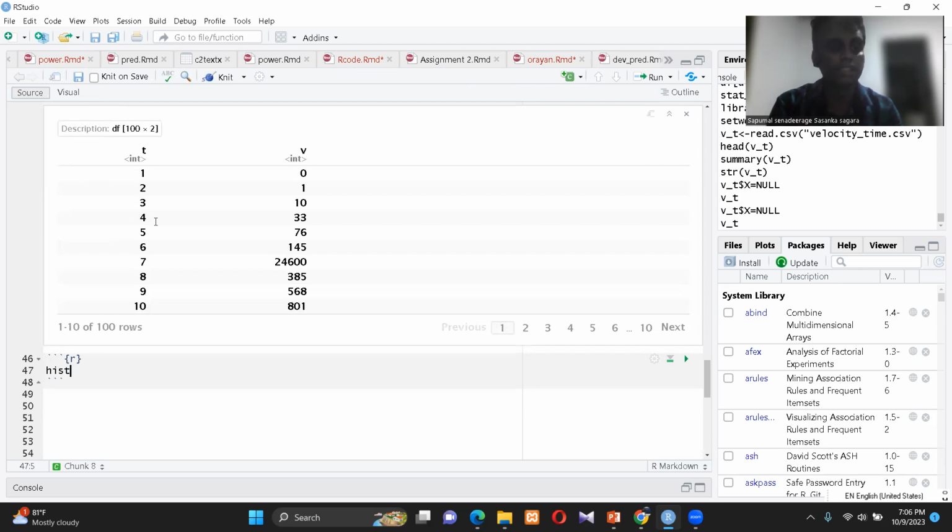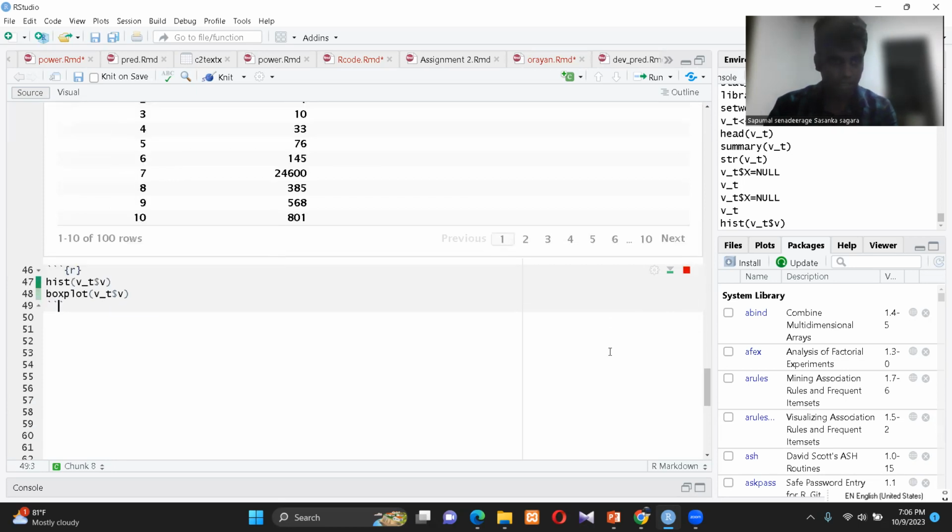Then let's see a couple of plots: a histogram of v underscore t dollar v, right, and a box plot as well. Okay, let's see.